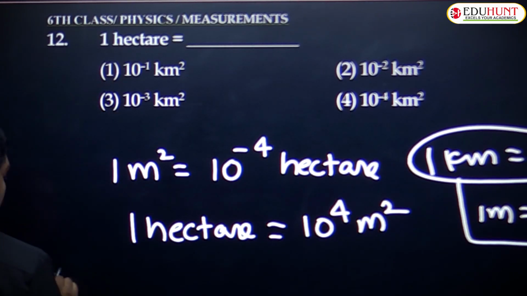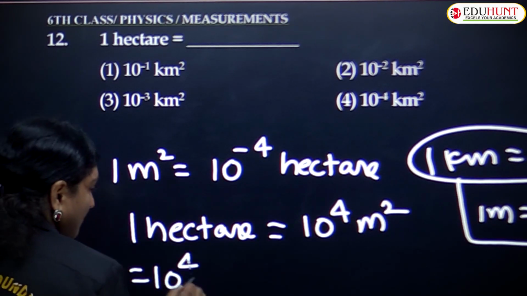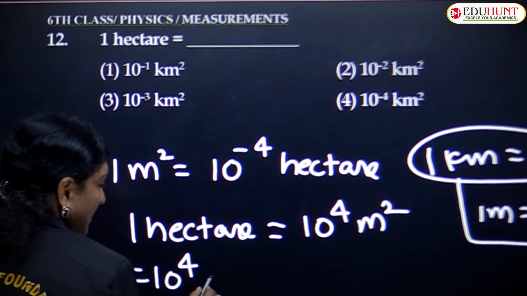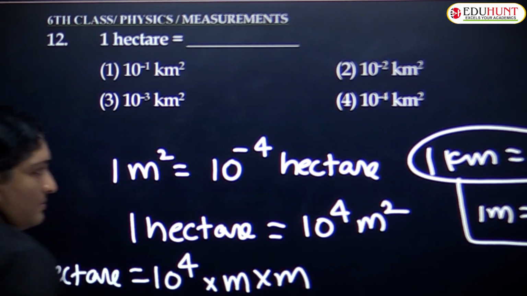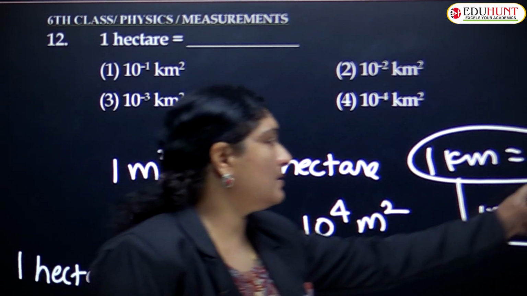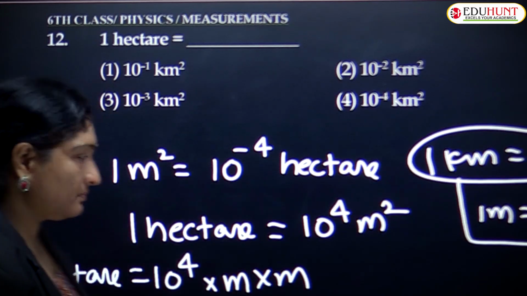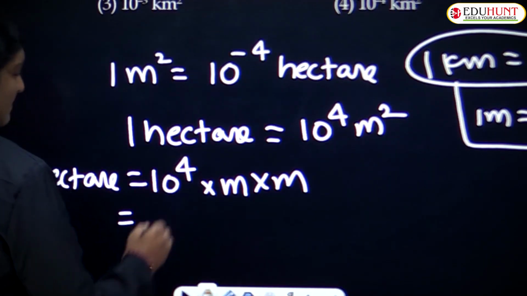Okay. So 1 meter is equal to 1 by 1000 kilometer. Hence we can write 1 hectare as 10 power 4 meter square, which can be written as meter into meter. Every meter you can write as 1 by 1000.